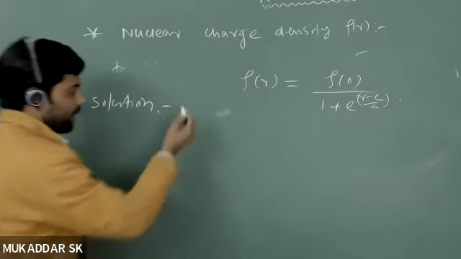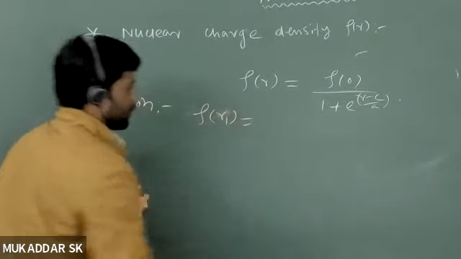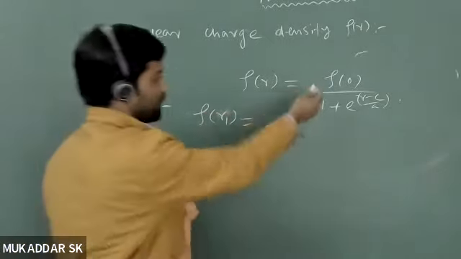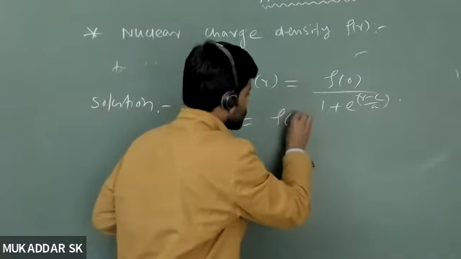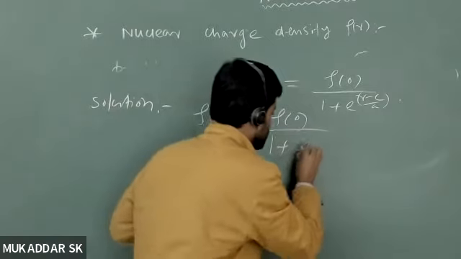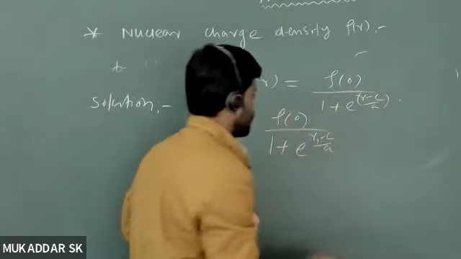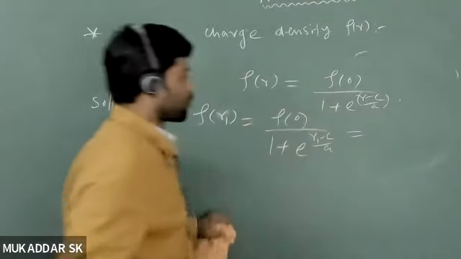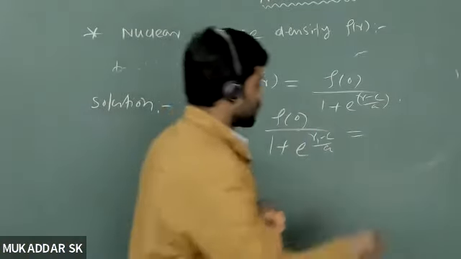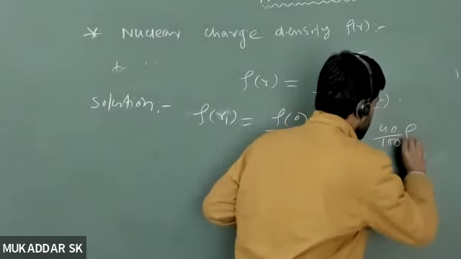Can I write that at r1, the expression will become rho naught by 1 plus exponential r1 minus c by a, and that will be 40% of rho naught. 40% of rho naught is nothing but 40 by 100 rho naught.